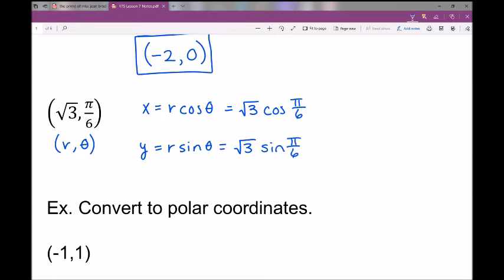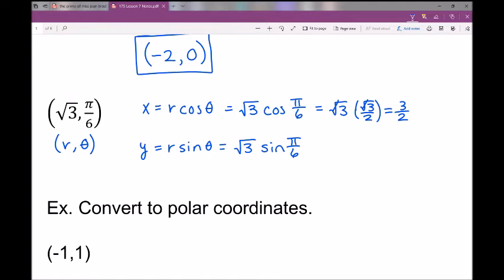So for the x coordinate, we get the square root of 3 times the cosine of pi over 6, which is the square root of 3 over 2. If we multiply this across, the x coordinate is equal to 3/2, because the square root cancels with the square root, leaving just the 3 underneath.